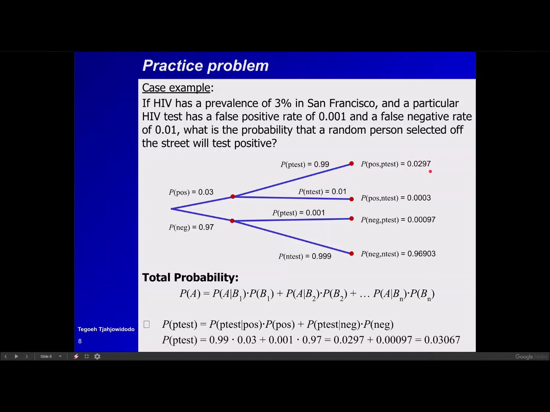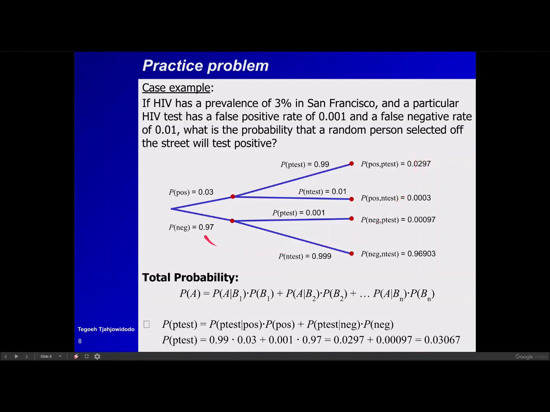I think this is pretty obvious, right? You have 3% positive HIV, and when they are tested, 1% of them have a negative test, 99% of them have positive tests. So the probability of a negative test for a positive patient will be 0.0003, while the probability of a positive test for a positive patient will be 0.0297.